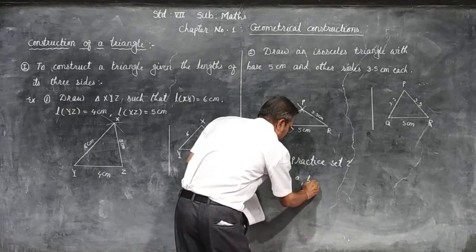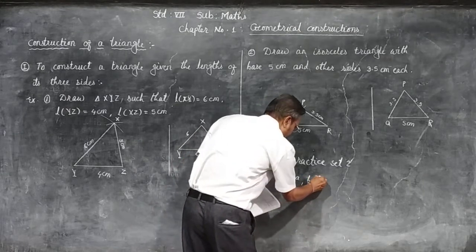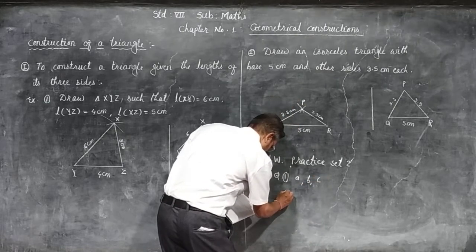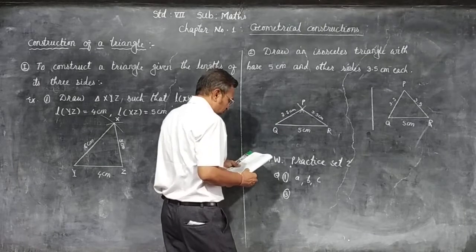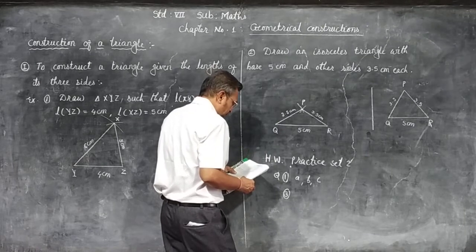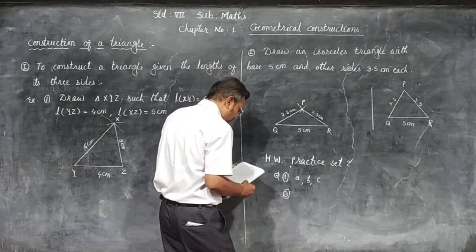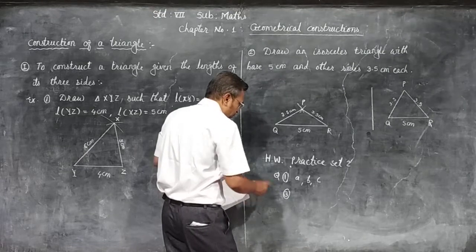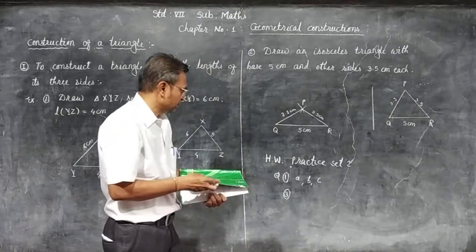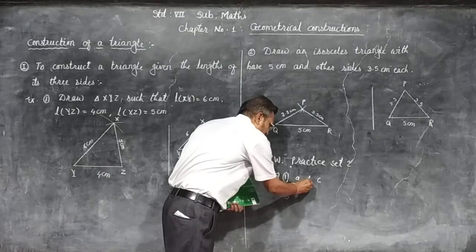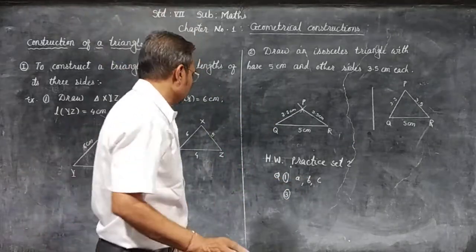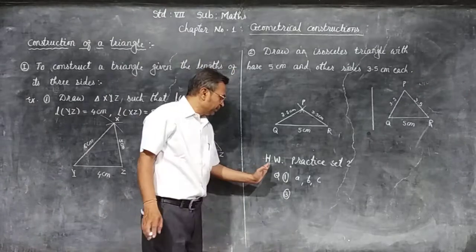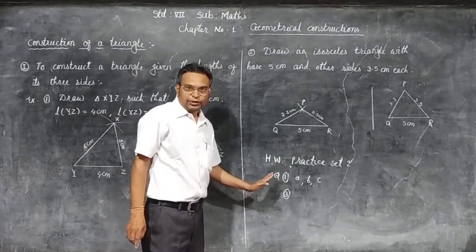Then question number 3. We have learned question number 2 here, and therefore you have to solve question number 3 only. These 2 questions. In the first question there are 3 sub questions, and question number 3 you have to solve in the maths copy. This is the homework for you. Okay, thank you.